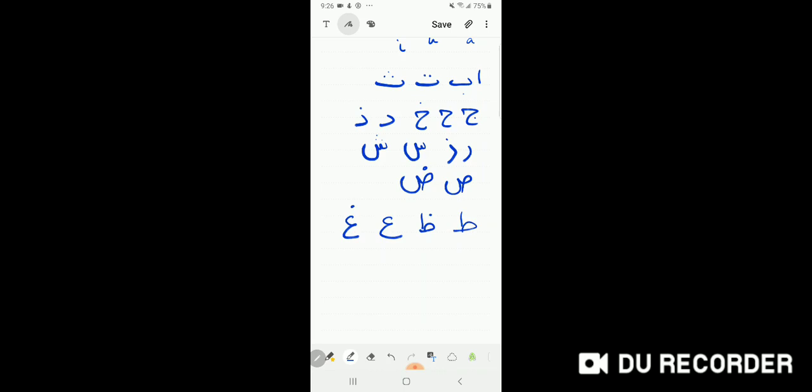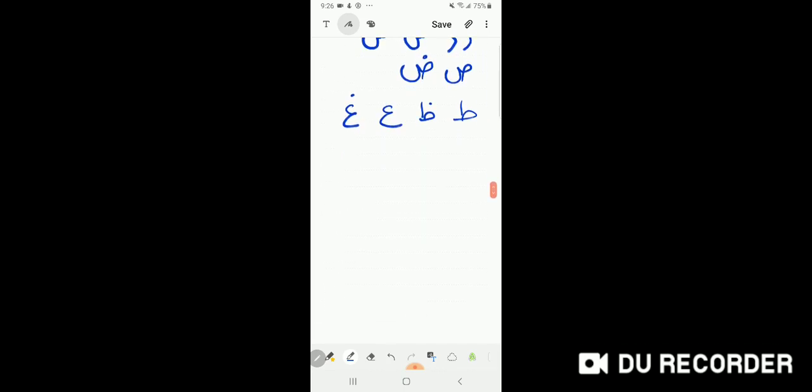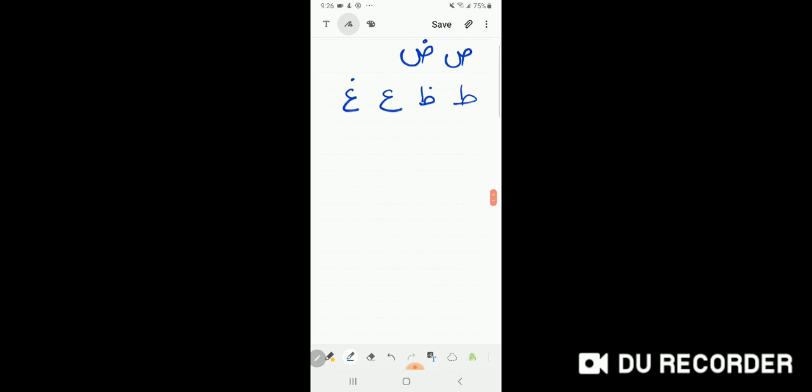So now that we have all of these letters that we have done, we're now going to be moving on. So the next set of letters, we don't have that many left, is going to be the letter fa.